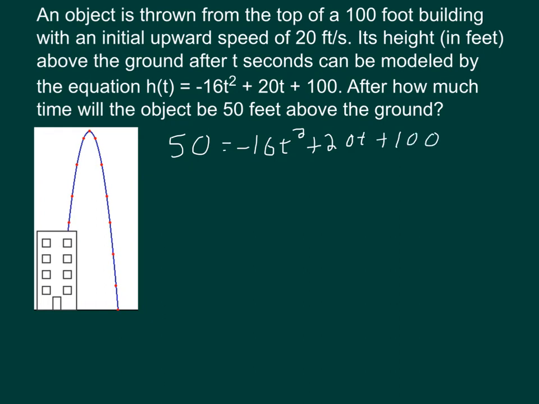And now I want to solve an equation, but in order to solve it using the quadratic formula, I first have to get something equal to 0. So I'm going to take this 50 and subtract it so I can move it to the other side. When I move it to the other side, I have 0 equals negative 16t squared plus 20t plus 50 because of the 100 minus 50.